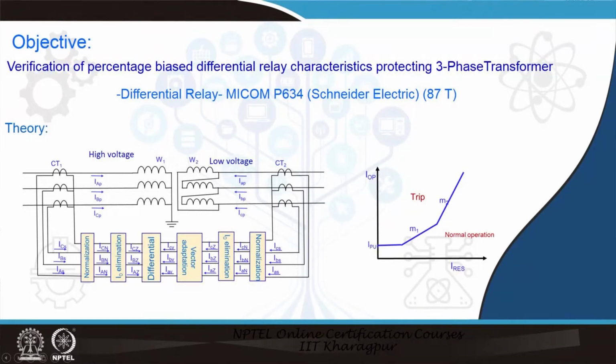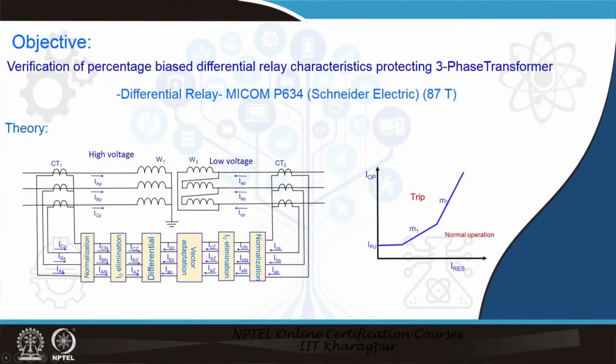For that, we have already discussed in our lecture. Let us say this is the high voltage winding on one side and 2 is the low voltage winding, with any connection, as you know: star, delta, delta star, whatever it may be. The CTs are connected in star grounded on both sides in numerical relaying connections, and so we know it. Then we have the normalizations at both sides.